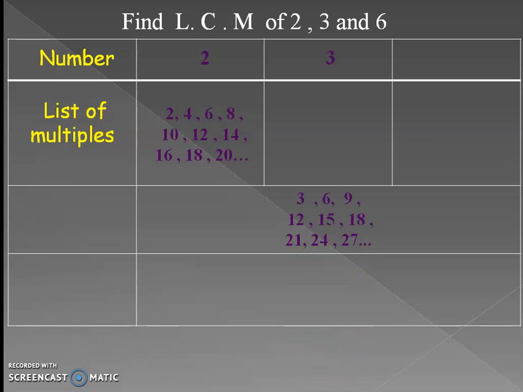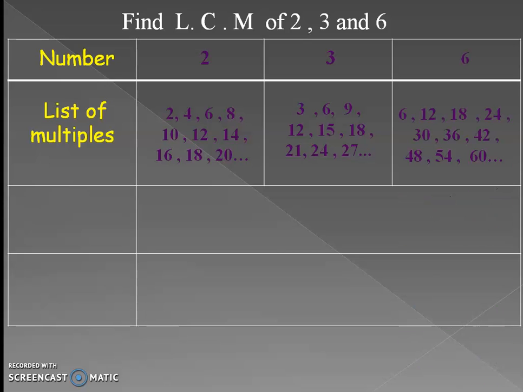And for 3, we have got 3, 6, 9, 12, 15, 18, 21, and it goes on and on. Similarly for 6: 6, 12, 18, 24, 30, 36, 42, and it goes on and on. After listing out the multiples, let's see which numbers are common.